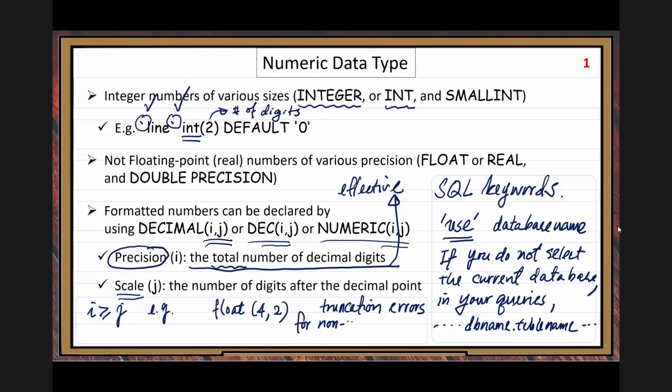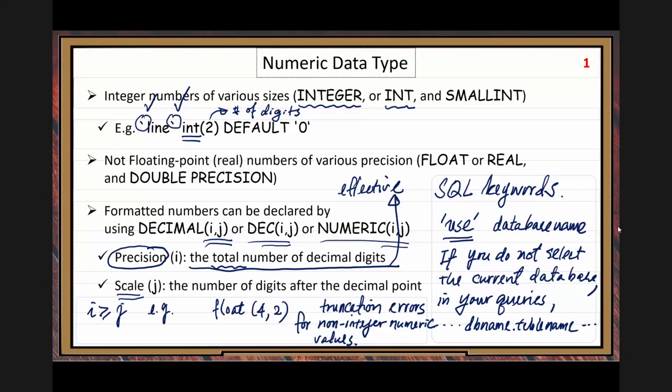For non-integer numeric values, you need to be aware of this. Although this type of error is usually very small, because in a computer it is very small, you need to be aware that small errors could accumulate, right?